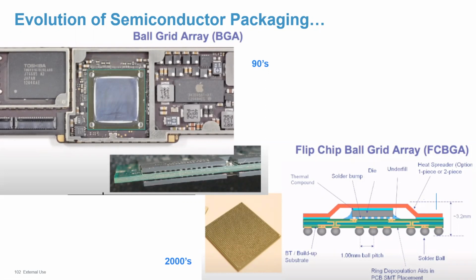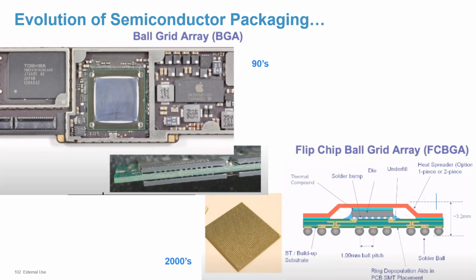Everything has gone into that PCB. And if you take a closer look at this board, you'll see that there are these ball grids which are connecting onto landing pads on the board, and the circuitry is all inside that PCB.